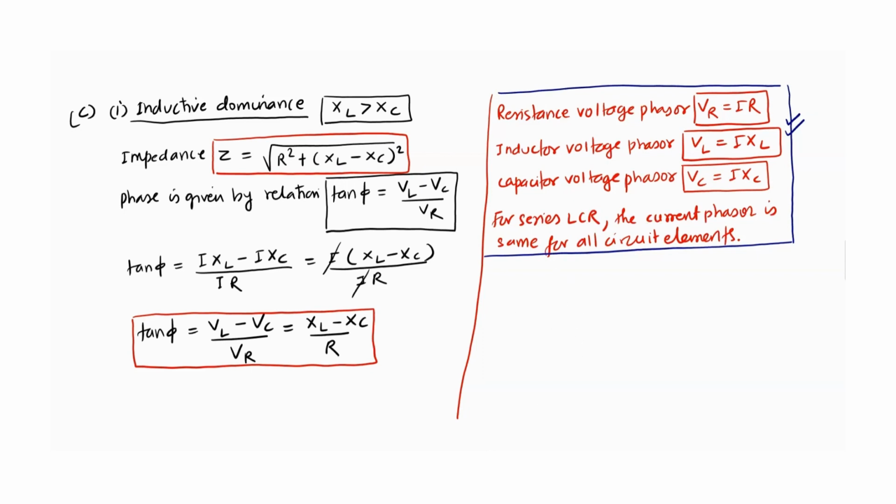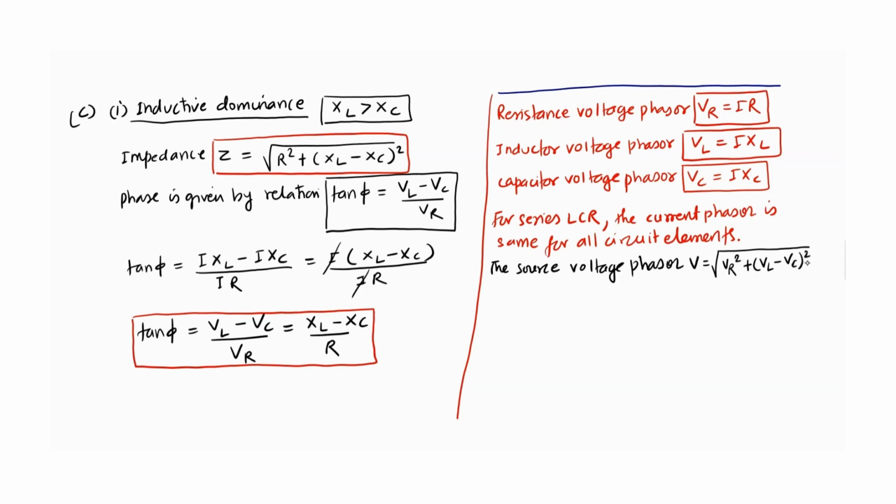The source voltage phasor V equals under root VR square plus VL minus VC whole power 2.